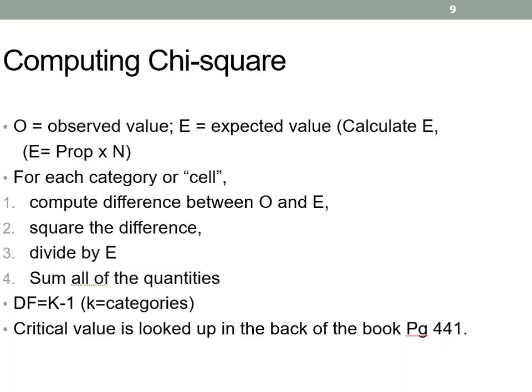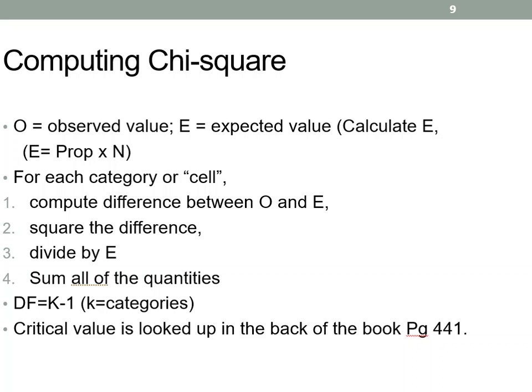The observed value is what we are told or we infer based on the information we're given, because we need to be given at least one group observed and the total, or all of them.